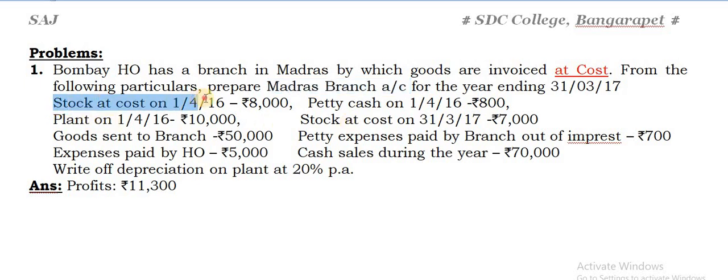So the stock at cost on 1/4/16 is given. Whatever is given here is the opening stock. 1/4 you can find, because the closing date is 31/3/17. Thus, this becomes the opening date. So on the opening date, whatever items are there, all these you have to take on the debit side as balance brought down.